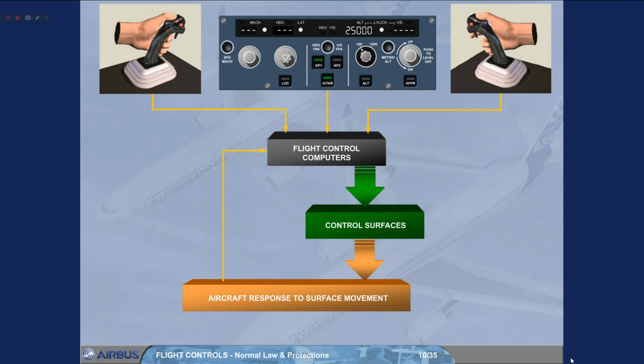The computers process this feedback and adjust control surface deflection to ensure that the maneuver rate demand is executed accurately. This means that control surface deflections may be altered with no change in side stick position.